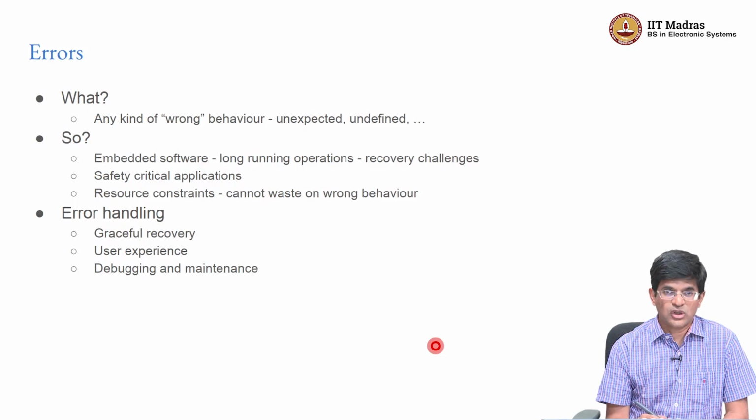And not to mention that debugging and maintenance should be as easy as possible. You have to design assuming that certain errors could happen. Try and minimize them, of course, but if they do happen, how easy is it to debug and maintain the system and possibly fix it?